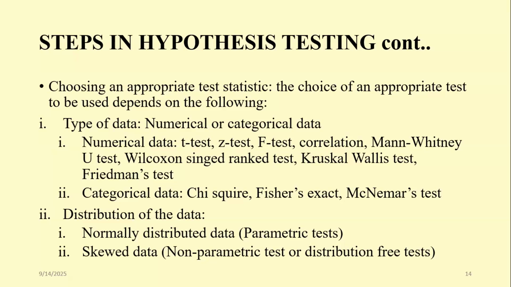But in case you still want to find out whether your data is normally or not normally distributed, you can calculate the mean, median, and mode from that data. If the data is normally distributed, mean will be equal to median and equal to mode.